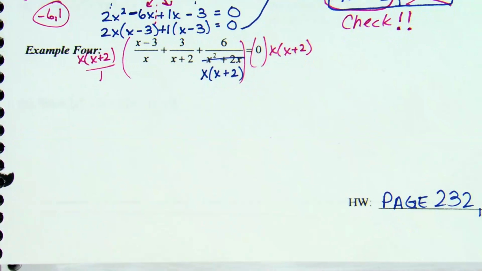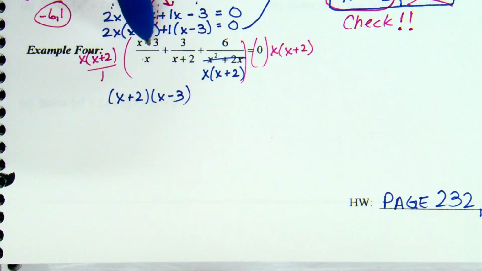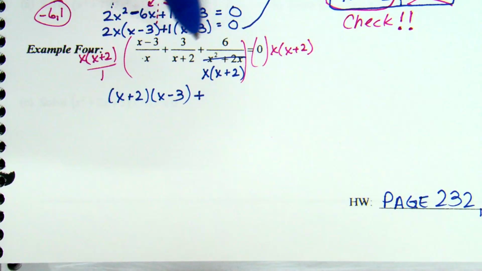X plus 2 times x minus 3 over x. What happens? X's cancel, and you'll have x plus 2 times x minus 3, correct? Okay, plus second fraction, 3 over x plus 2. What cancels? X plus 2 cancels.